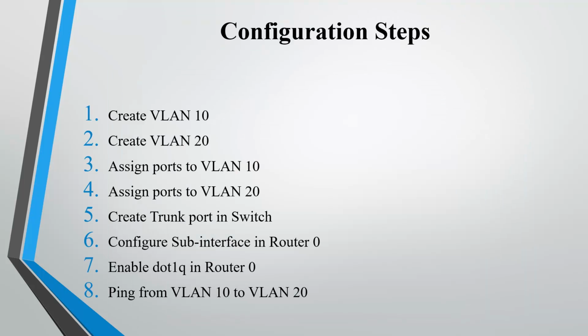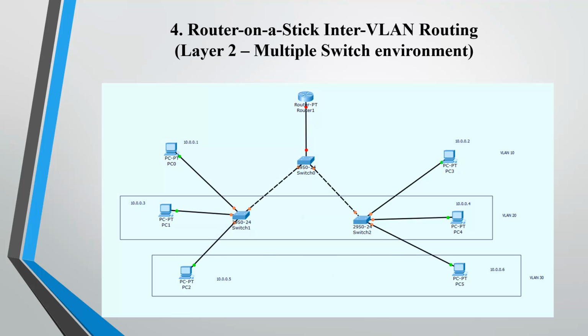Now the same concept I am going to take for a multiple switch environment. Here you can see there are 3 VLANs available. The first, PC0 and PC3, will be in VLAN 10, then VLAN 20 and VLAN 30, in different switches. That means we have multiple switches: switch 1, switch 2, switch 3.